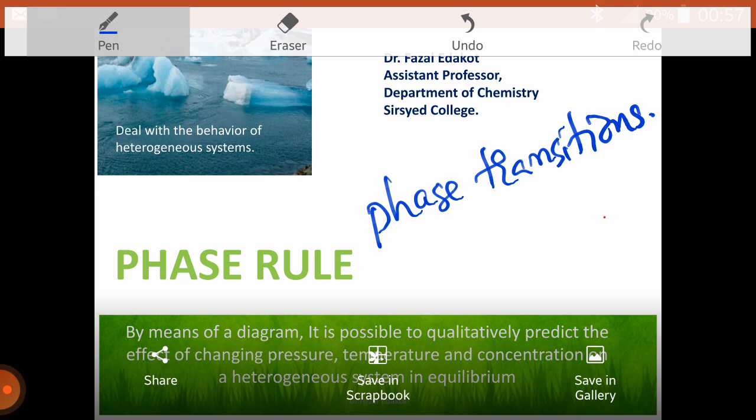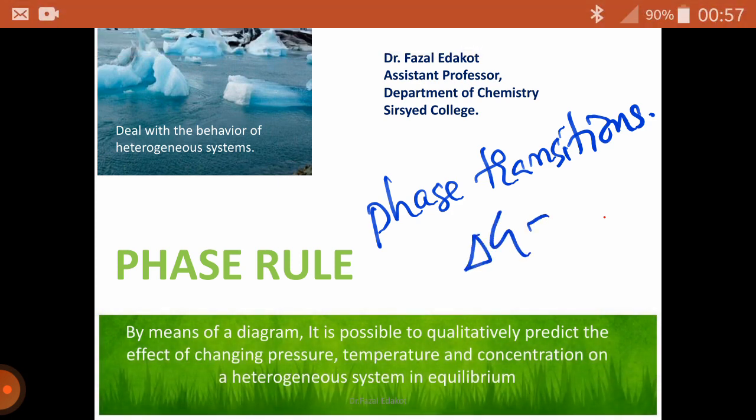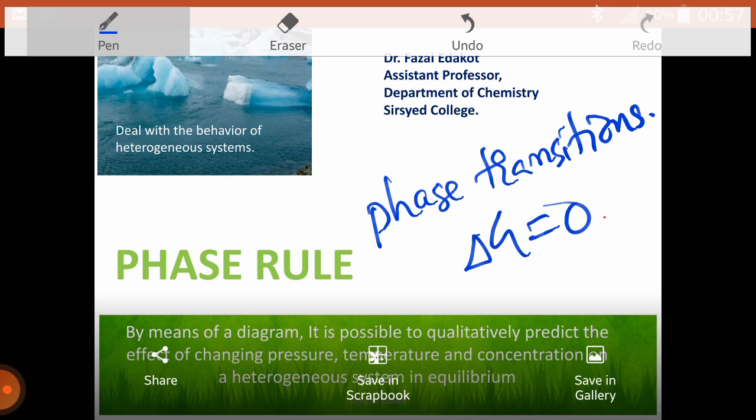The unifying concept of this chapter is equilibrium. For a given pressure, a substance undergoes a phase transition at a specific temperature, such as the change from solid to liquid at the melting temperature. More precisely, at this characteristic temperature, the solid and liquid phases of a substance are in equilibrium, at which point there is no change in Gibbs free energy, that is, delta G is equal to 0 when one phase changes into the other.